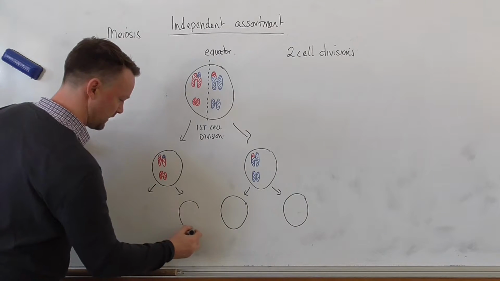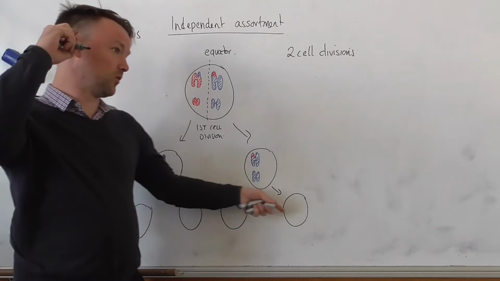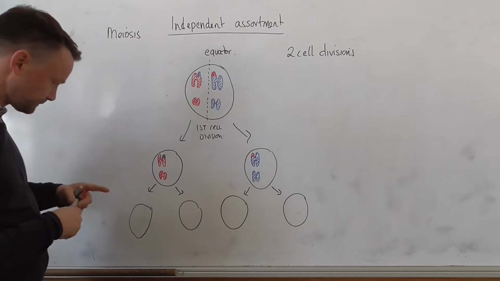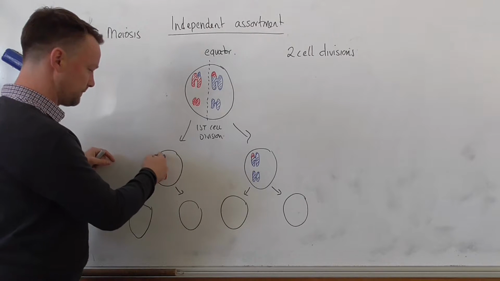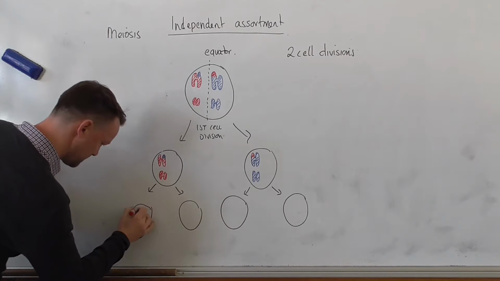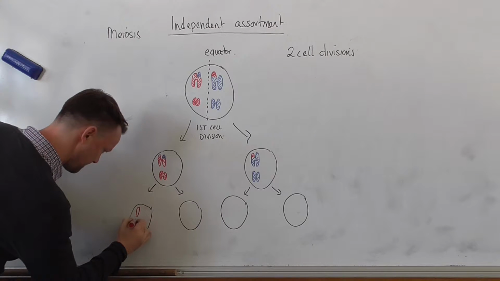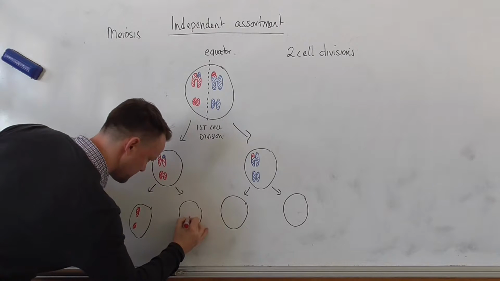And the circles I'm drawing here represent the gametes, either the sperm or the egg. So again, these will line up along the equator, and this half here will end up in here, and the other half will end up in there.